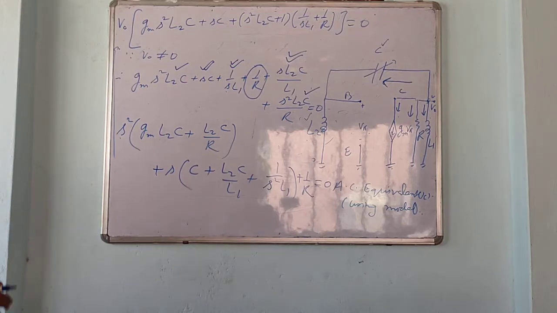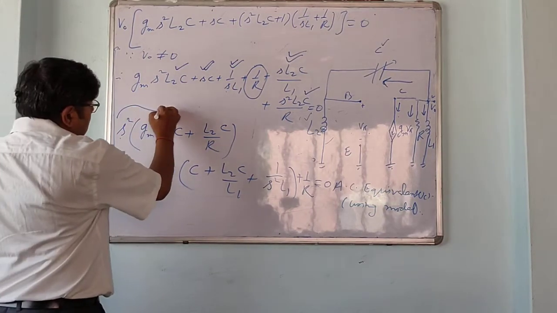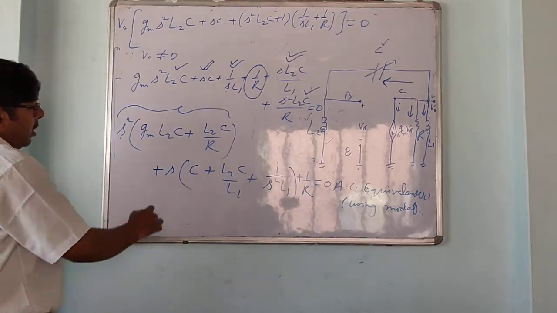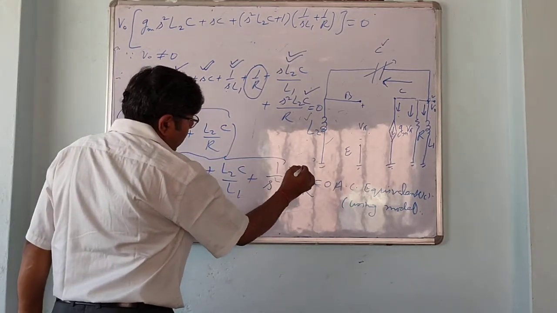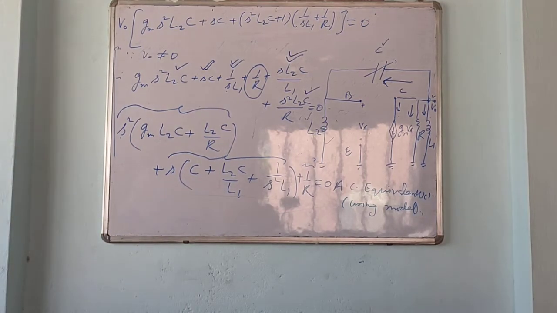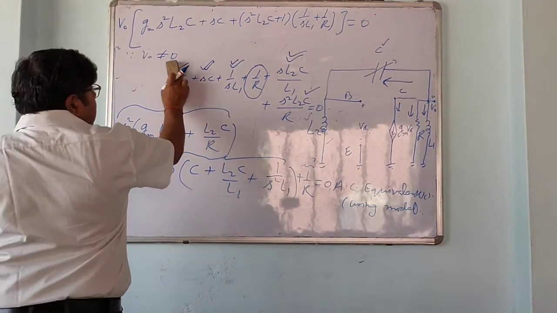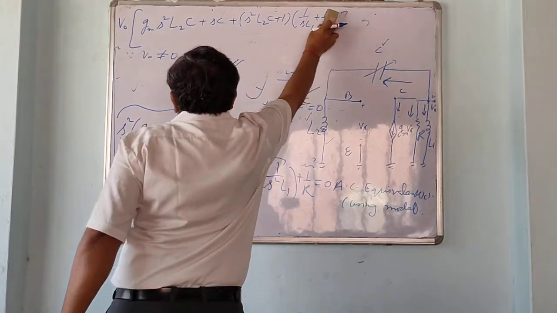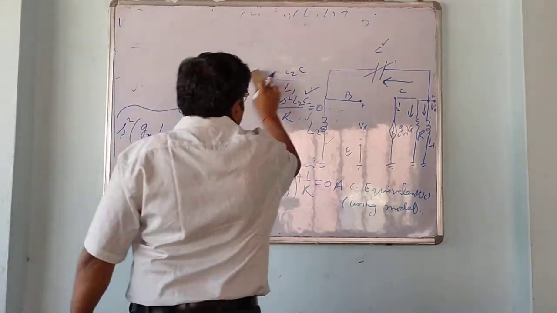So after collecting three groups, this is one group, this is another group, and this is the third one, the constant. Now to find the frequency of oscillation, you can replace this value.